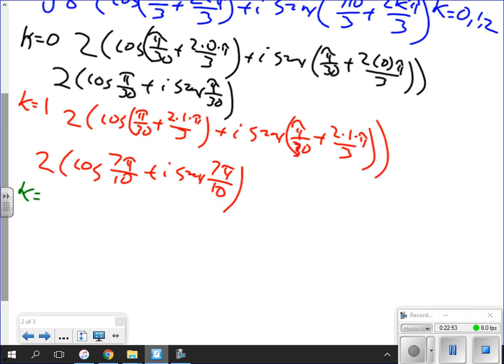K equals 2, 1 less than our root. So I still have my 2 out in front.